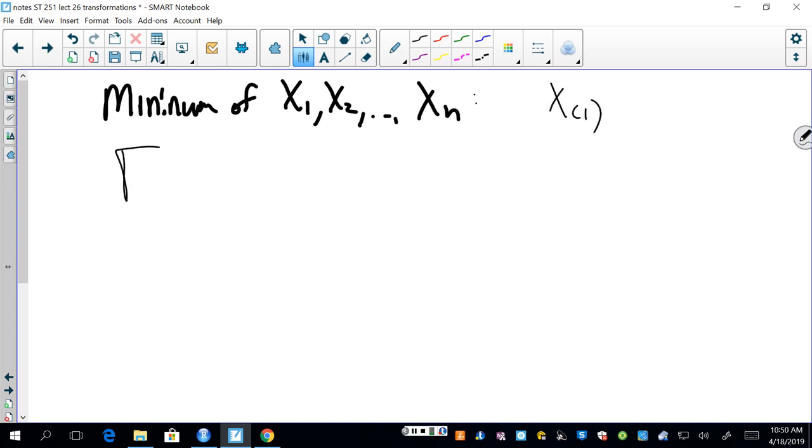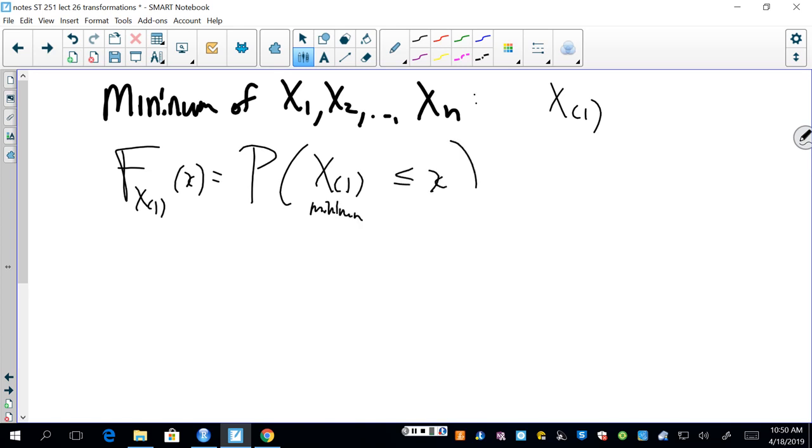So if we want the cumulative distribution function of x1, that's the probability that the minimum is less than X. That means that at least one of them is less than X. Maybe they all are.